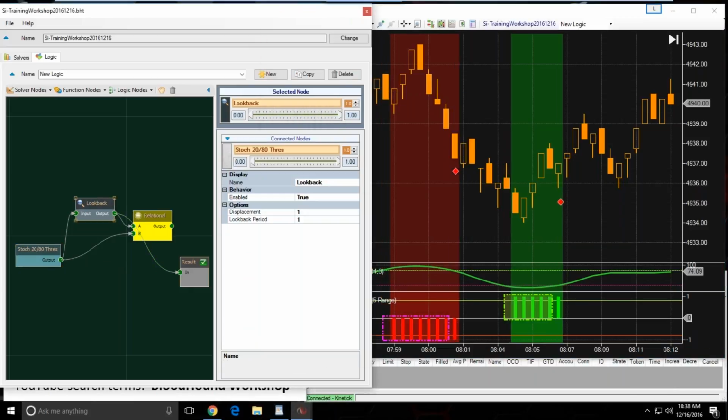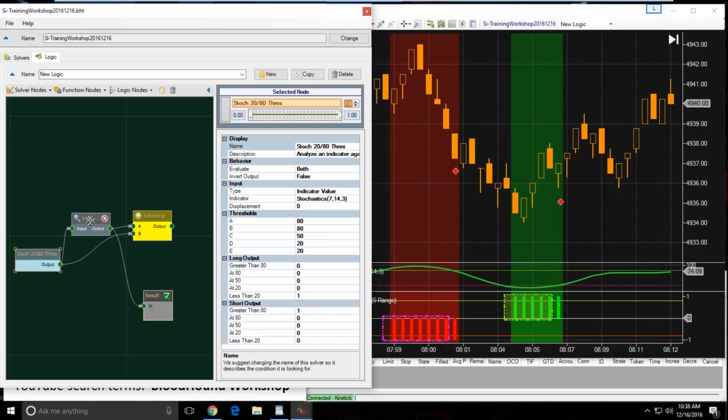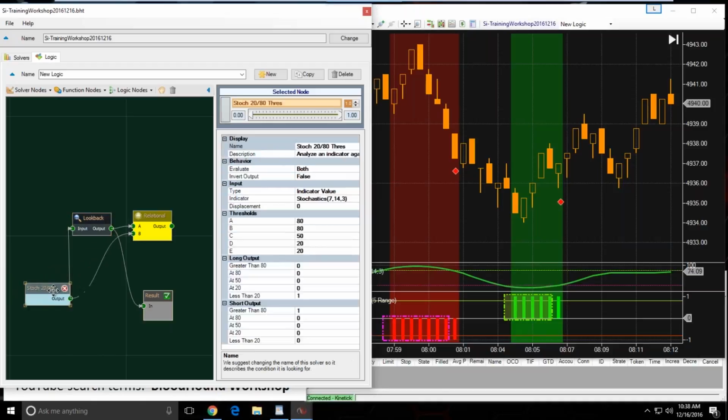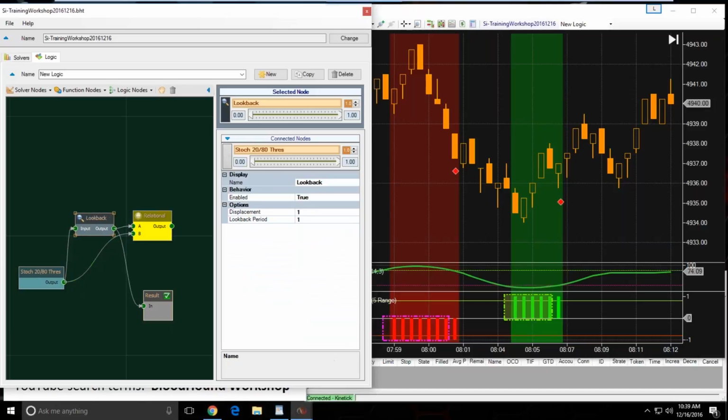And now let's take a look at this look back node. So what this look back node is doing is, right, I have the displacement set to 1. So that way it's taking our system signals and shifting everything forward by 1, displacing everything forward by 1. Right?